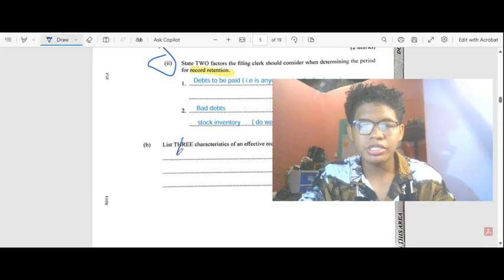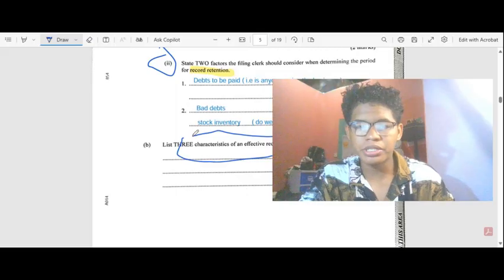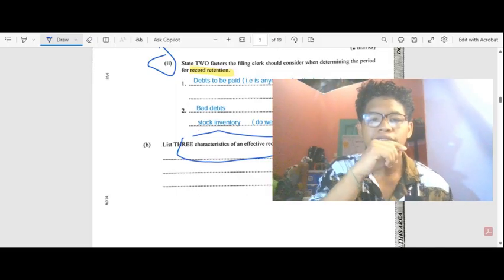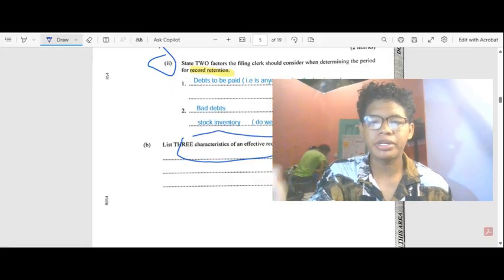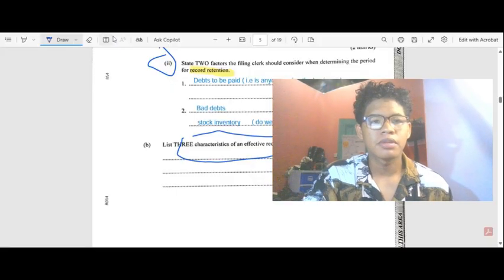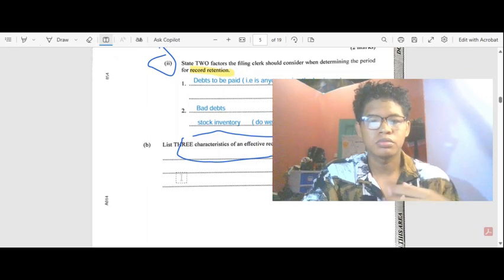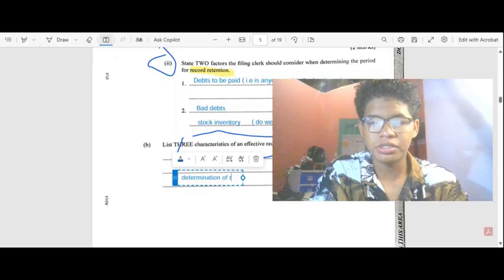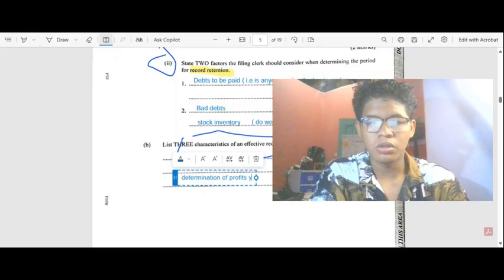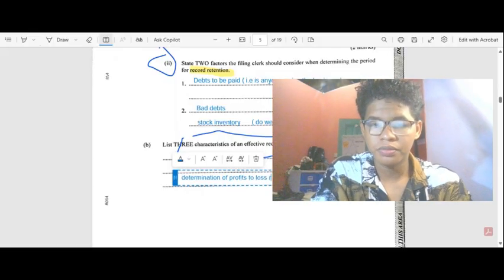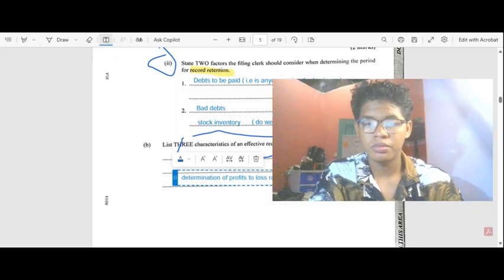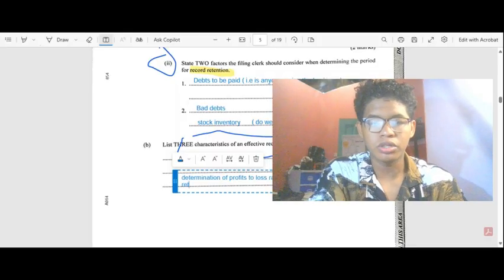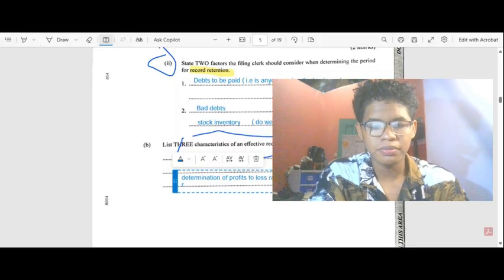List three characteristics of an effective records management system. Determination of profits to loss ratio. Restocking efficiency.